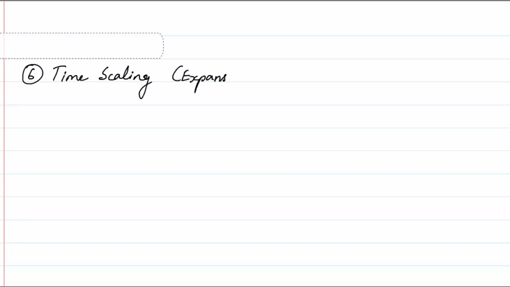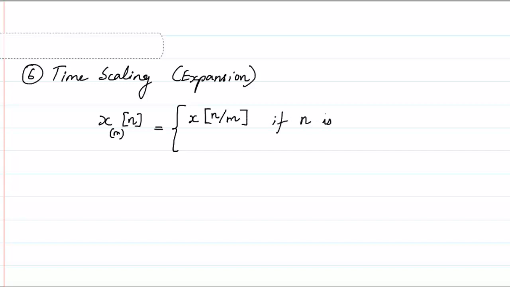We are talking about the discrete time signal expansion, which basically says that if you are scaling a function x of n with a factor of m, it means that you are expanding the signal such that at all those places of the new signal where n is a multiple of m, you will put the value x of n by m, and elsewhere you will put the value 0.